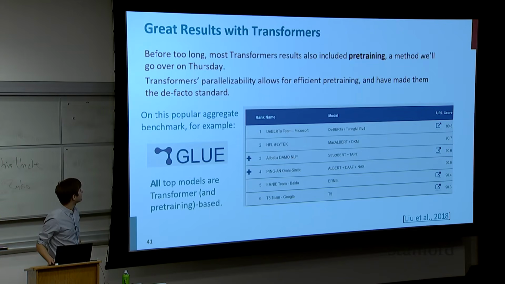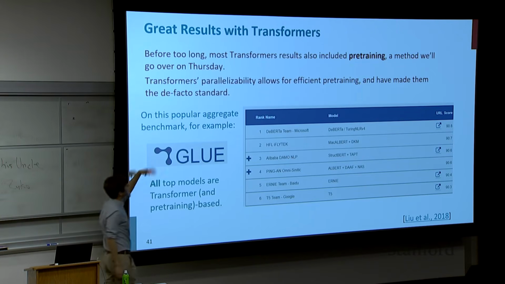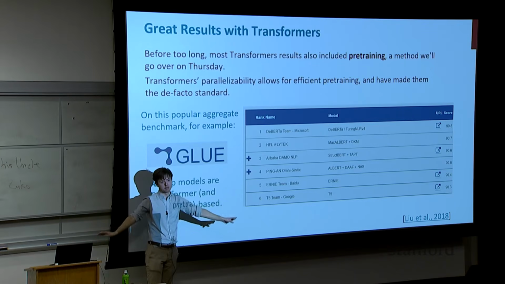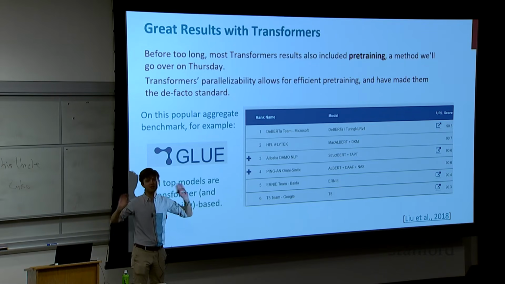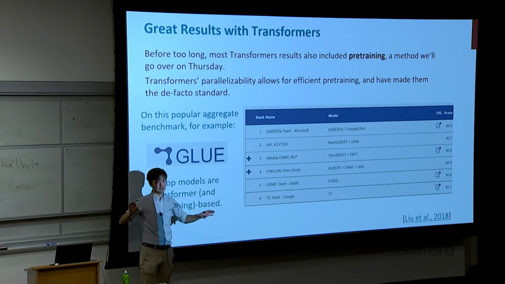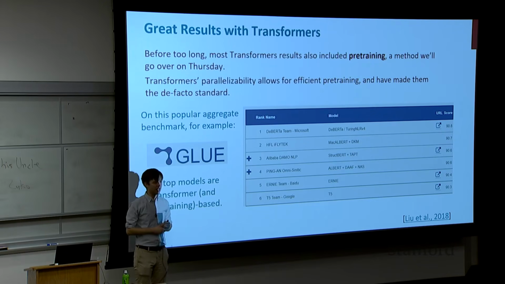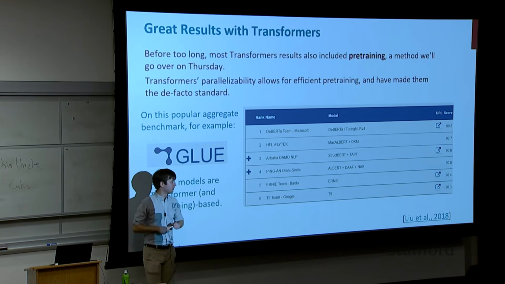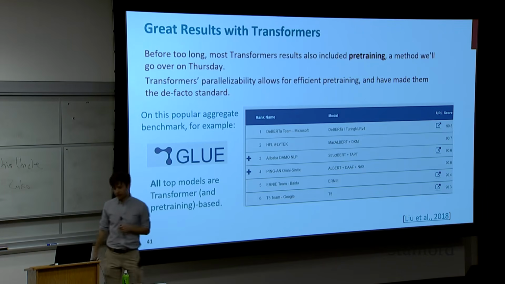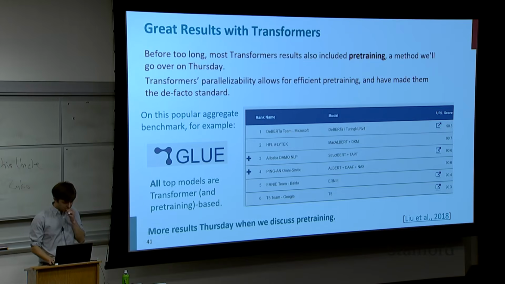And so after a certain point, on standard large benchmarks, everything became transformer-based. This ability to make use of lots and lots of data, lots and lots of compute, just put transformers head and shoulders above LSTMs in almost every modern advancement in natural language processing.